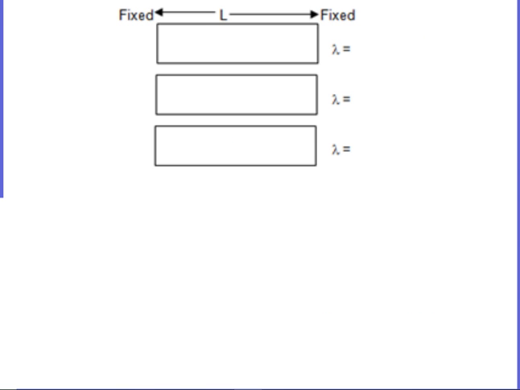Okay, so I want to look at the standing waves, the resonance that I would get if I excited, say, a guitar string that was fixed at both ends. Well, if it's fixed at both ends, then those are points in space where there's never any displacement. You're going to have a node there, but between two nodes there has to be at least one antinode.